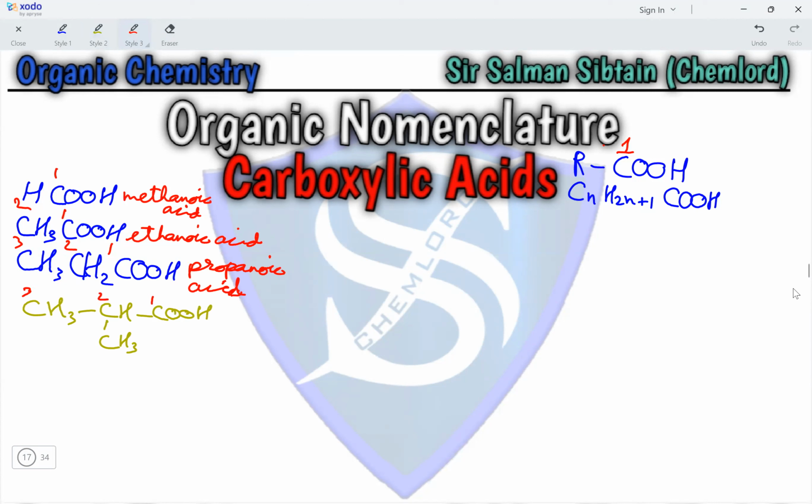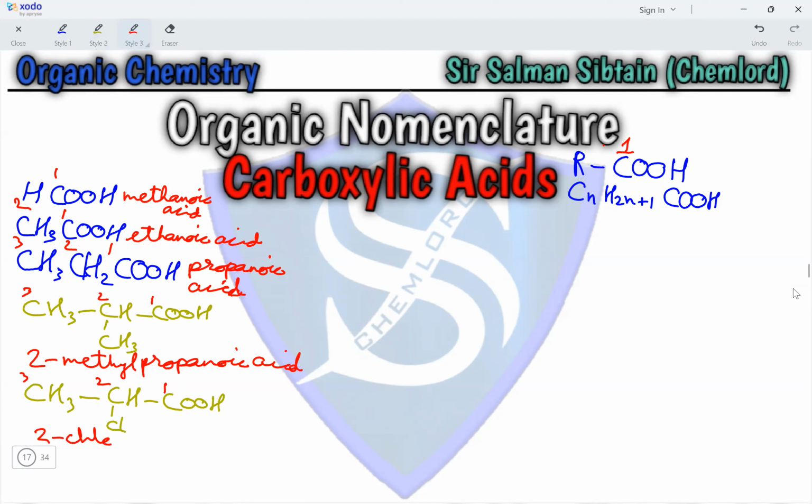So this compound would be called 2-methylpropanoic acid, since a 3 carbon carboxylic acid is called propanoic acid. Another example would be having a chloro group placed on one of the positions on the carboxylic acid. So the numbering would be done from right to left, 1, 2, and 3. And the name of this compound would be 2-chloropropanoic acid.